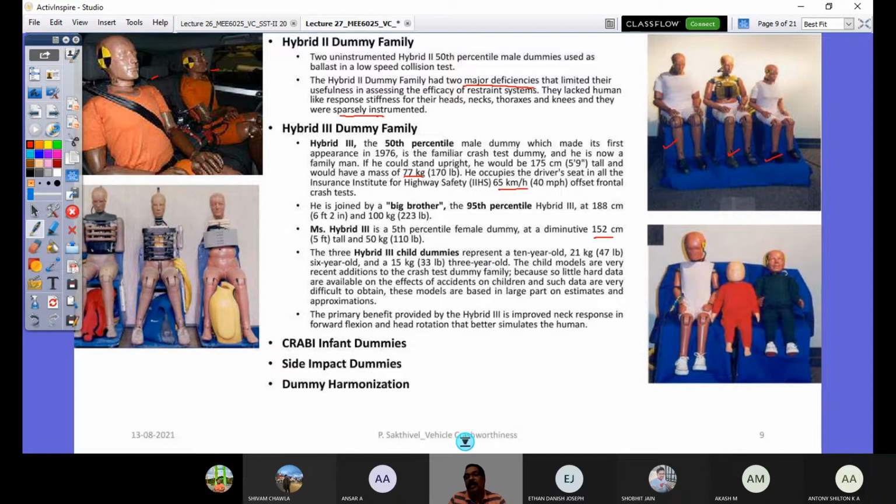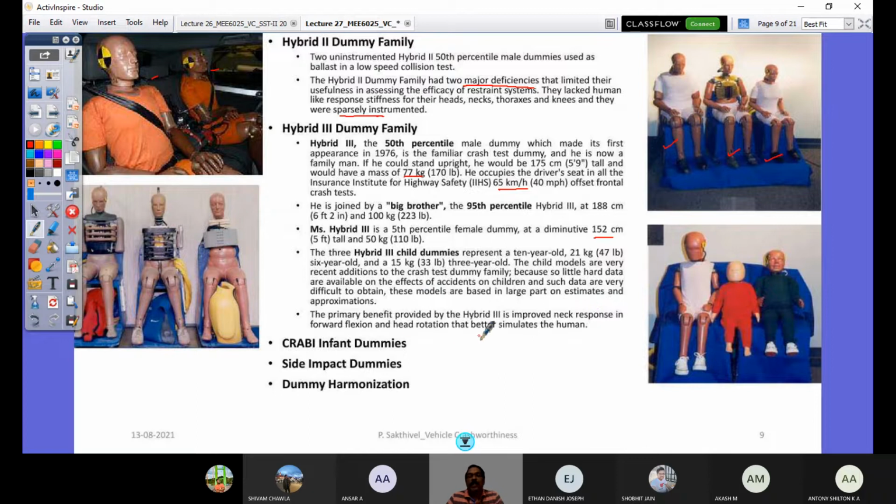So these are the children of this family. The child models are very recent additions to the crash test dummy family, because too little hard data is available on the effects of accidents on children, and such data are very difficult to obtain. These models are based in large part on estimates and approximations.